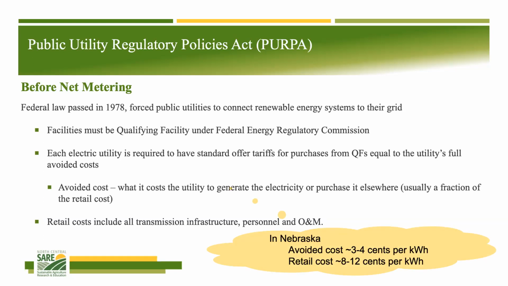So there's a big difference between avoided cost and retail rate, and that's important to understand, not only because PURPA still exists today, but also because as we look at different net metering policies with certain utilities, you'll still see the avoided cost rate as a piece of the puzzle that comes up sometimes, even with net metering. So when you hear the phrase avoided cost, essentially it's the cost it takes them to generate that unit of electricity or purchase or procure it from another source.